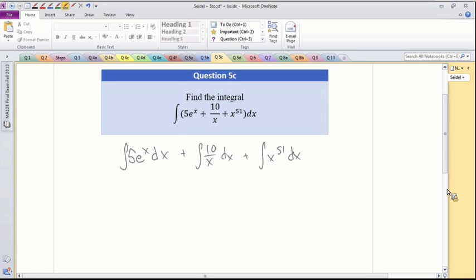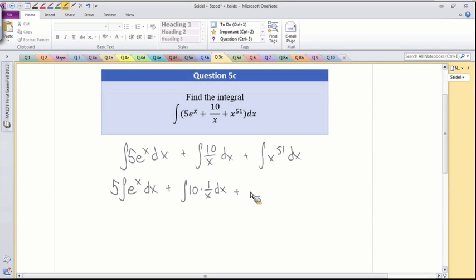So I want to clean this up a little bit. I don't really know what the integral of 5e to the x dx is, but I know for a fact that I can move the coefficient to the front. So we can have 5 times the integral of e to the x dx. Same thing for the integral of 10 over x. I can write this as 10 times 1 over x dx.